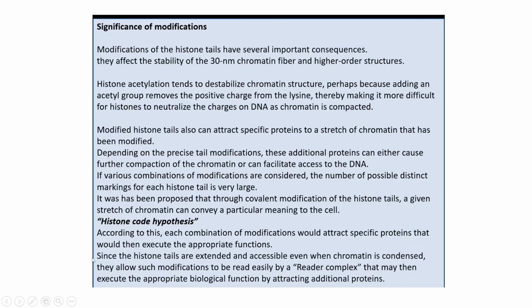It is a loose, hanging structure, and the chromatin is condensed in that form. Even if the chromatin is condensed, the histone tails are accessible, and due to the modification, it will attract the proteins over there to execute their function depending on the modification.